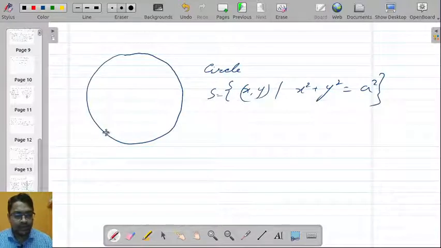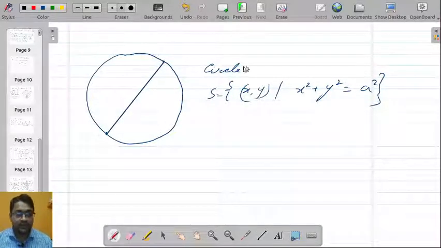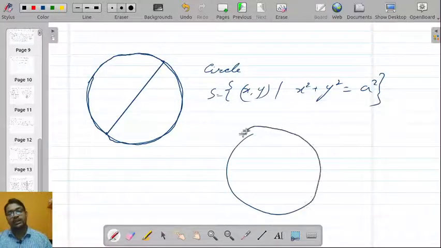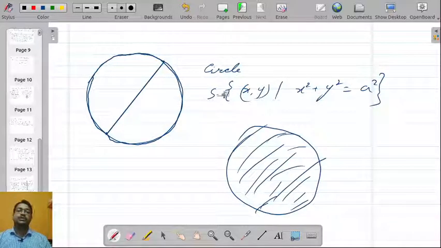You take one point here, you take a point there, and then you draw a line, then it is not lying inside the set, because for the circle, the set is actually only the boundary. For a circular disc, the set includes the interior points also. If it is a circular disc, it includes these points also. So a circular disc is a convex set, while the circle itself is not a convex set.